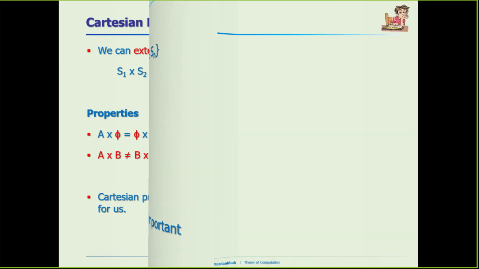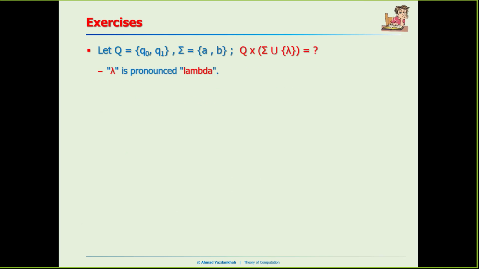So here are some exercises. We have two sets, Q, we call it {Q0, Q1}, and sigma, {A, B}. I ask you to create this Cartesian product.